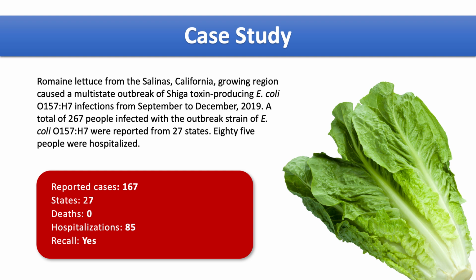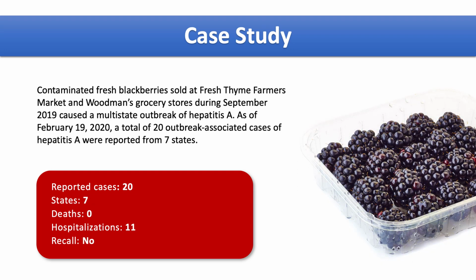85 people were hospitalized. The next example is an outbreak caused by hepatitis A virus. The virus contaminated fresh blackberries sold at Fresh Thyme Farmers Market and Woodman's grocery stores during September 2019.